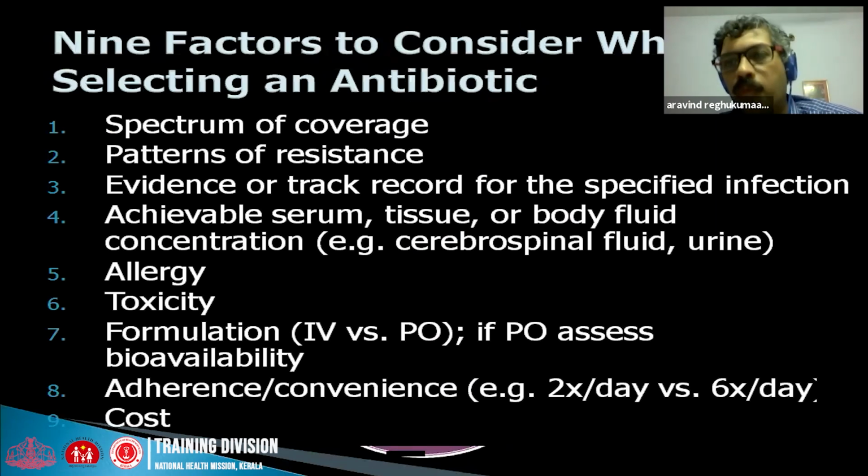You should know which antibiotics cover gram-positive organisms, which are having gram-negative coverage, which are having an additional anaerobic coverage, etc. Then the patterns of resistance you should be knowing. The evidence or track record for a specified infection you should be knowing. Then the concentration achieved in the serum, tissue, CSF, etc. you should be knowing. The allergy, toxicity, IV versus oral bioavailability, etc.